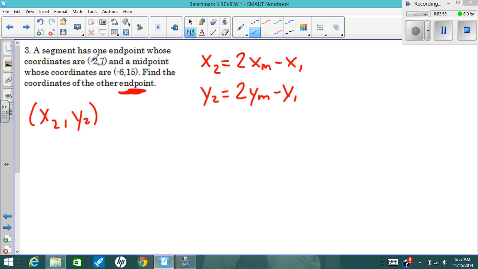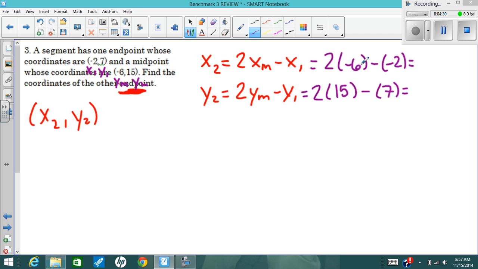So my one endpoint was negative 2, 7. That's x1, y1. My midpoint was negative 6, 15. That's my xm, ym. So I can just plug in 2 times xm, which is negative 6, minus x1, which is negative 2. 2 times ym, which is 15, minus y1, which was 7.